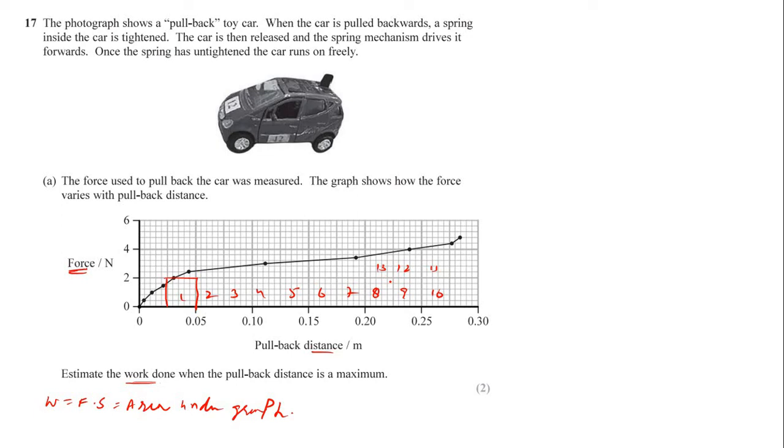You can take it 13, and then 14, and then these two make it 15, and then this is 16, and then this small remaining portion, you can call it 17, and there is a small region also there, so 17.5. So total 17.5 boxes you have.